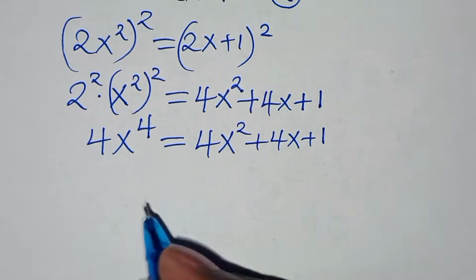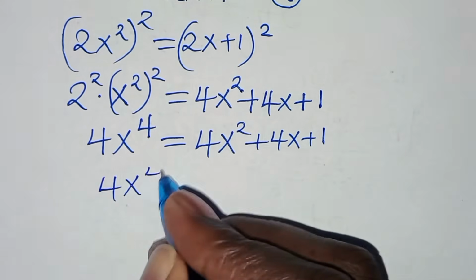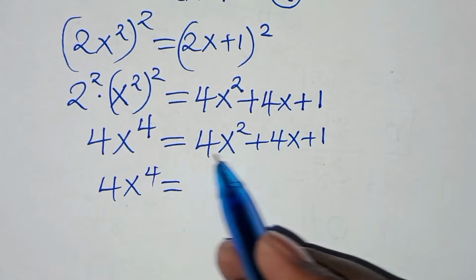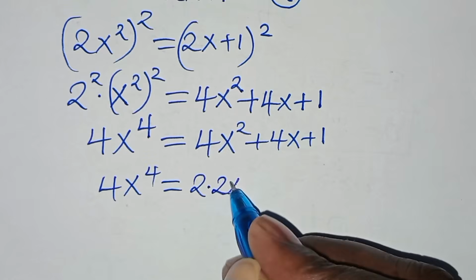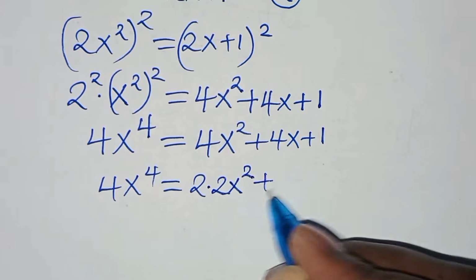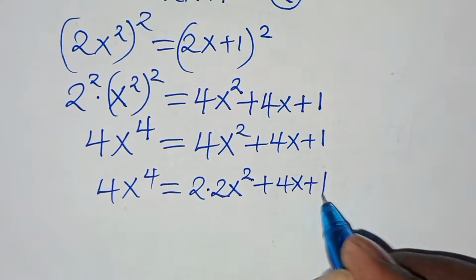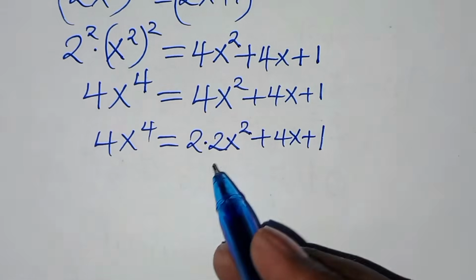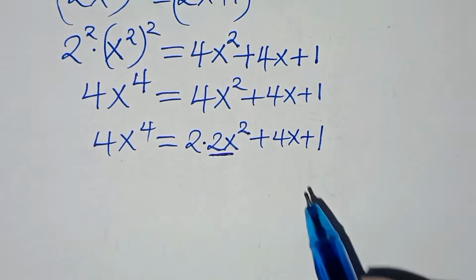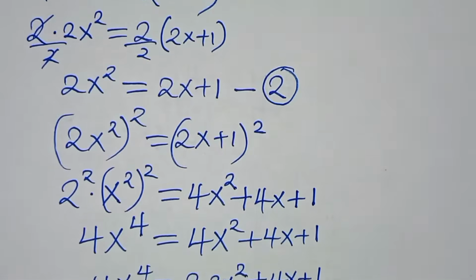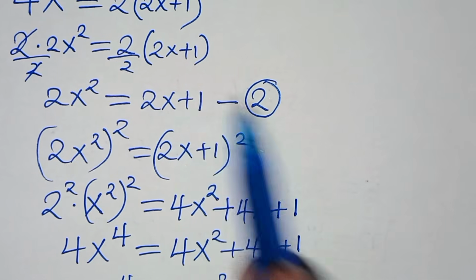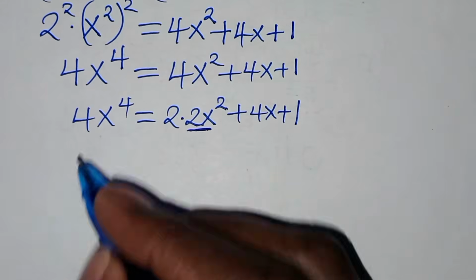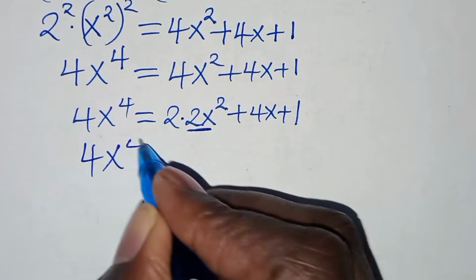So here we have 4x to the power 4. This is equal to, we can express 4x to the power 2 as 2 times 2x to the power 2 plus 4x plus 1. Now, we have that 2x squared is equation 2, which is 2x plus 1. So let's substitute that, so that we have 4x to the power 4.